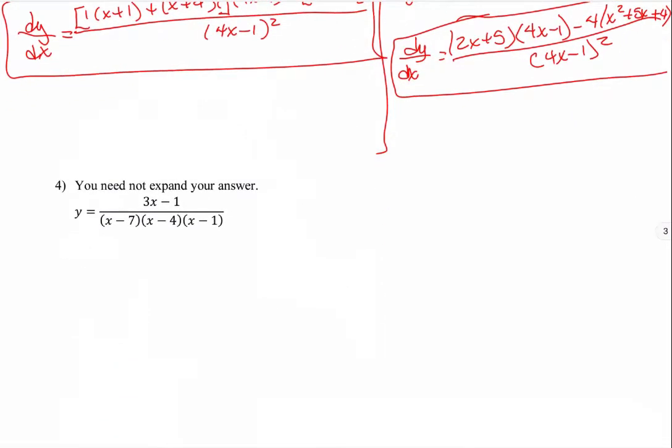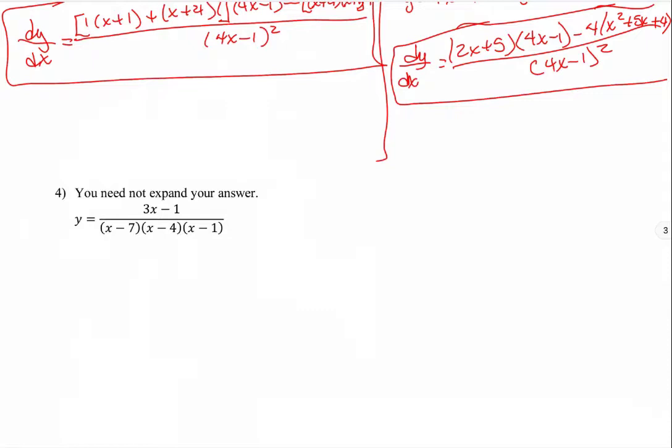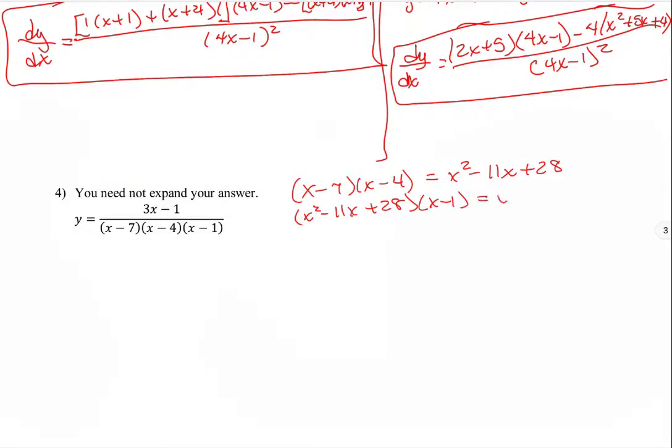Okay? Now, for number 4, what I would suggest is that you take either x minus 7 times x minus 4 and get x squared minus 11x plus 28, or you go the step further and multiply x squared minus 11x plus 28 times x minus 1 and go all the way out and get x cubed minus 12x squared plus 39x minus 28.